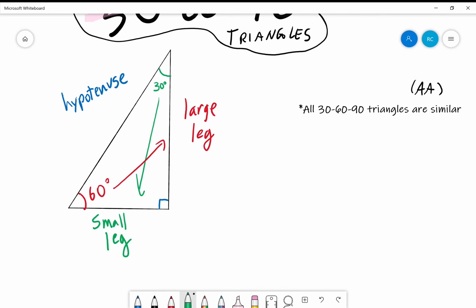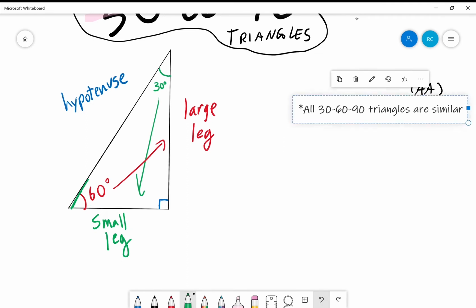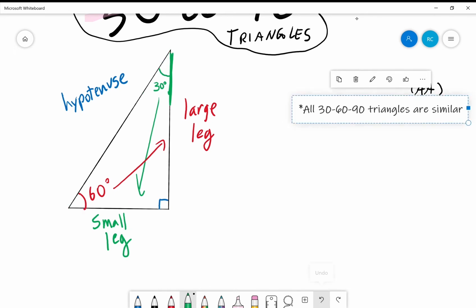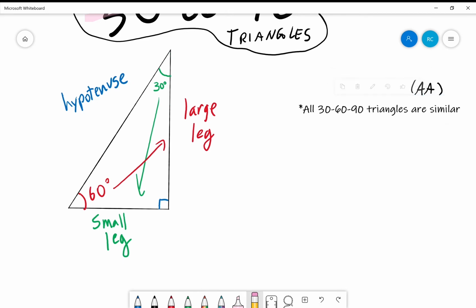It should hopefully be pretty easy to see that if you have a wider angle, that's going to lead to a larger side on the opposite side. Right? A smaller angle means that you're going to have a smaller side opposite it. Okay? So hypotenuse is the longest side, and then you've got the small leg and the large leg.